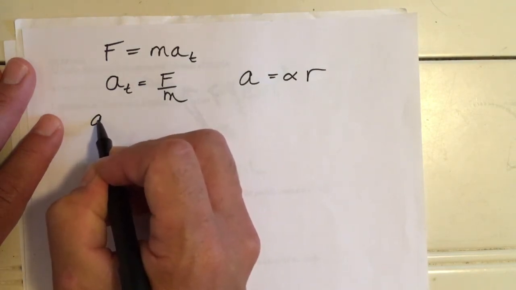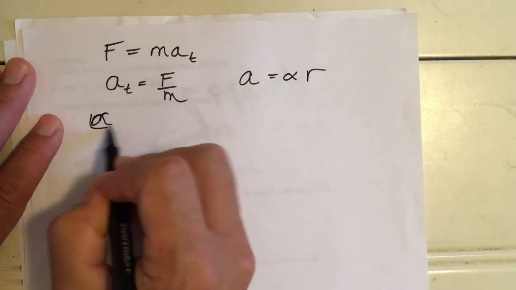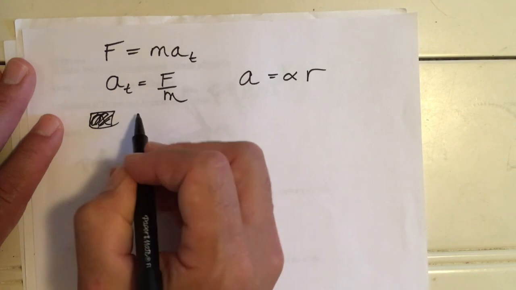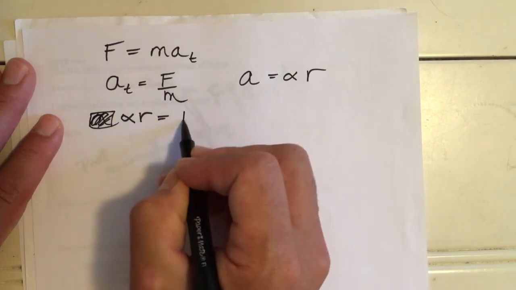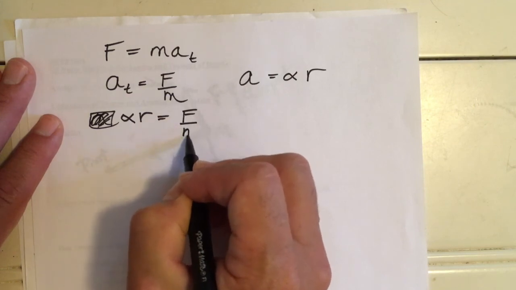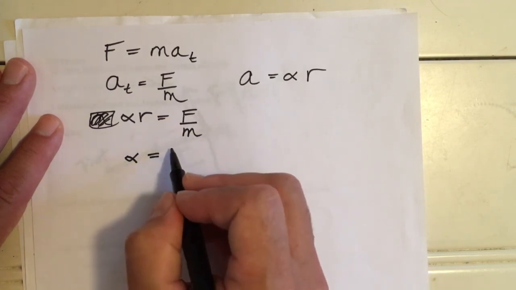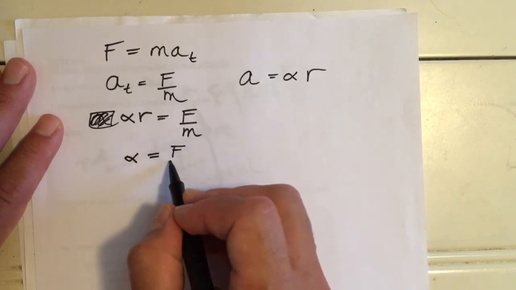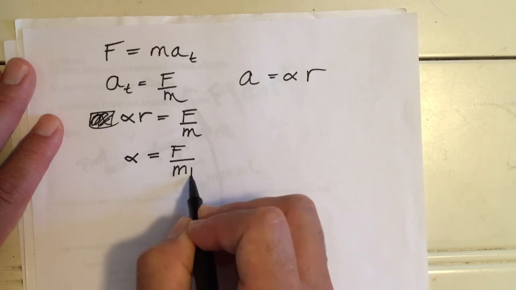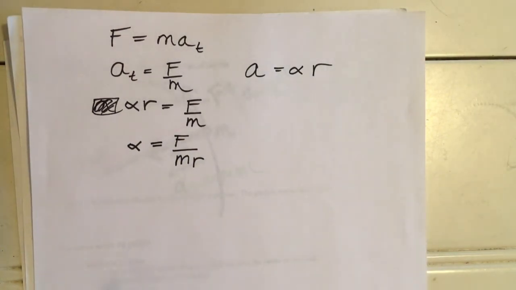For a tangential, whoops, that's kind of rough looking. Let me rewrite that. And then we'll go ahead and solve for angular acceleration. Divide both sides by r. All right, and we are part of the way there.